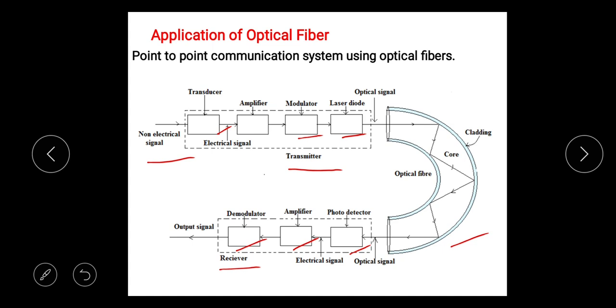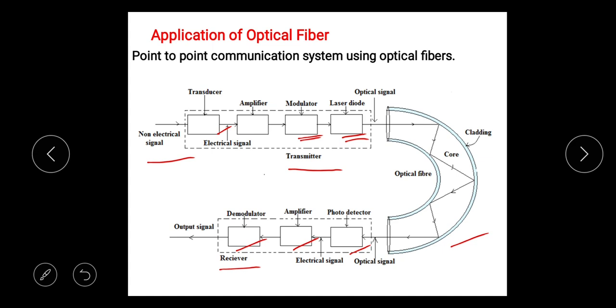Amplified electrical signals are modulated by using a modulator. Again, modulated electrical signals are fed to the laser diode, which converts electrical signals to optical signals. These optical signals are made to pass through optical fiber. There, these signals undergo total internal reflection.